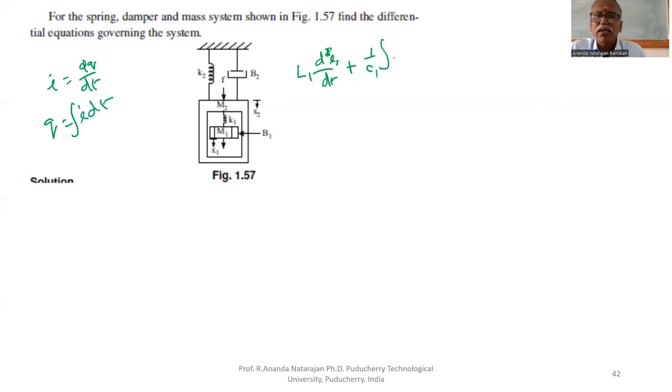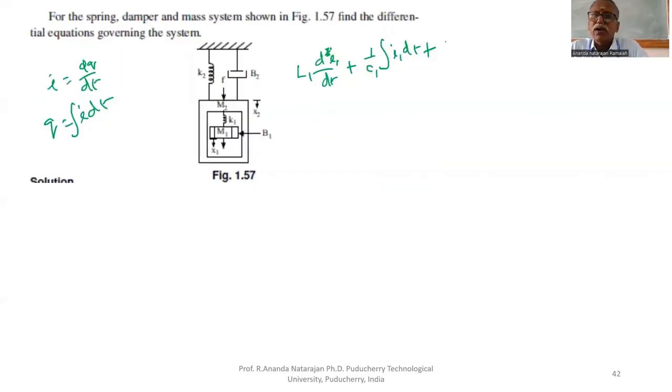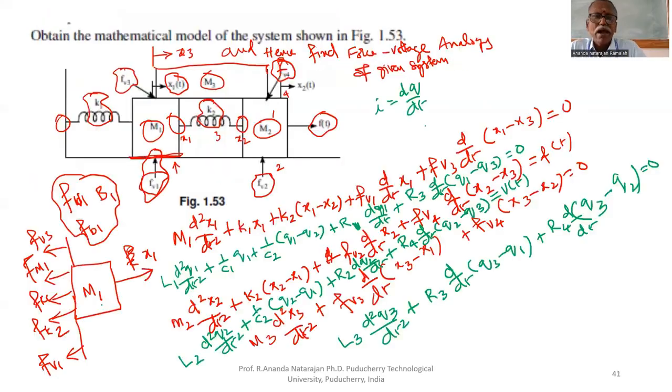Therefore, 1 by C1 integral of I1 dt plus 1 upon C2 (Q1 minus Q2), therefore 1 upon C2 integral of (I1 minus I2) dt.